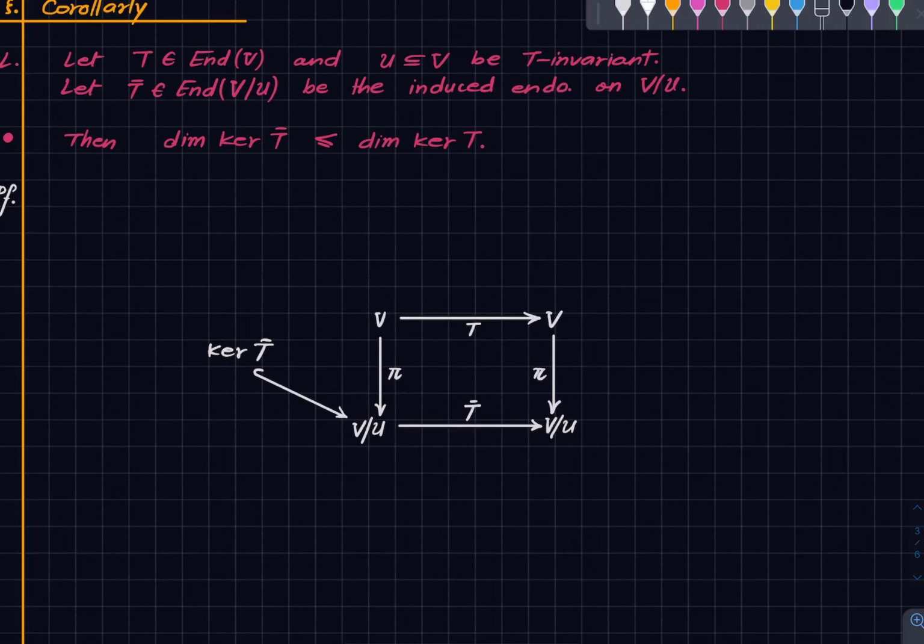The kernel of T bar is obviously a subset of this, so we have just indicated that here. This is the inclusion map. And we will pull it back by pi.